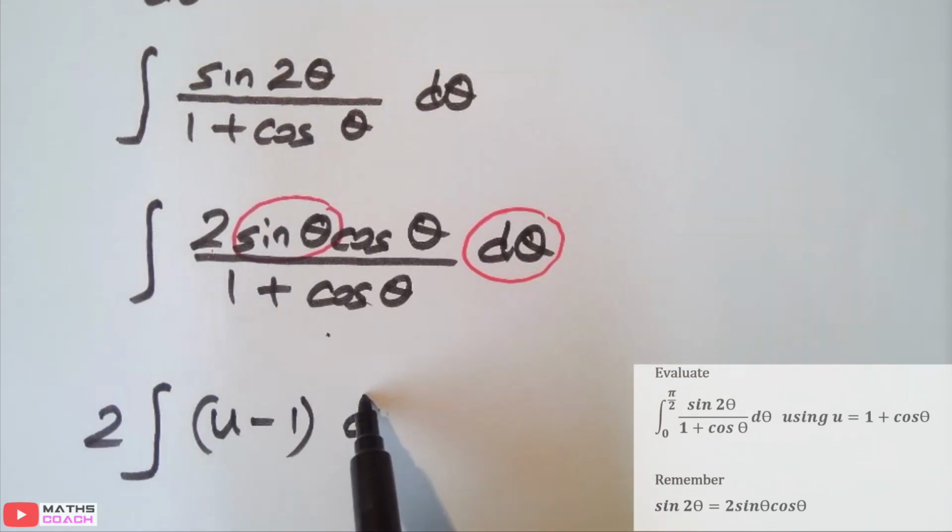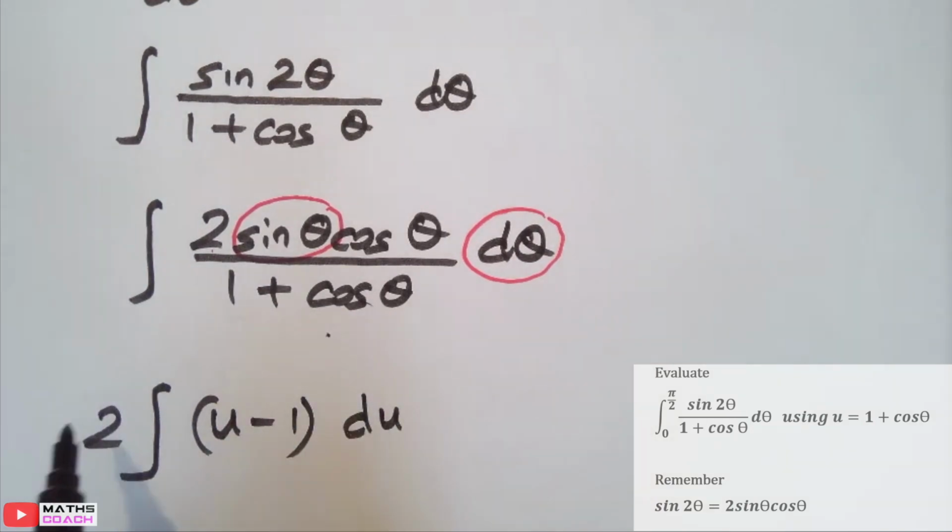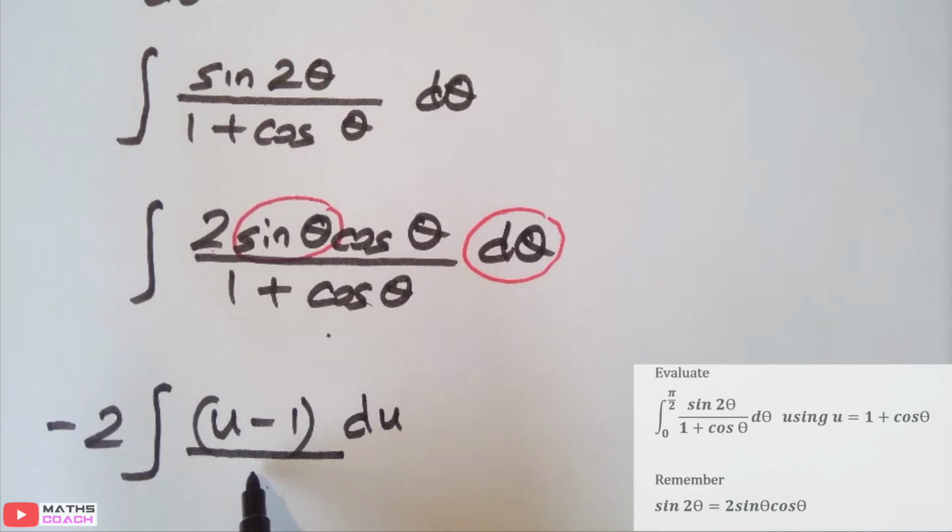So I can write du here, but the negative can join the minus 2. And then we're left with the denominator of simply u. Now that is ready to integrate. We have no theta in sight. All we have to do is manipulate this expression for ease.